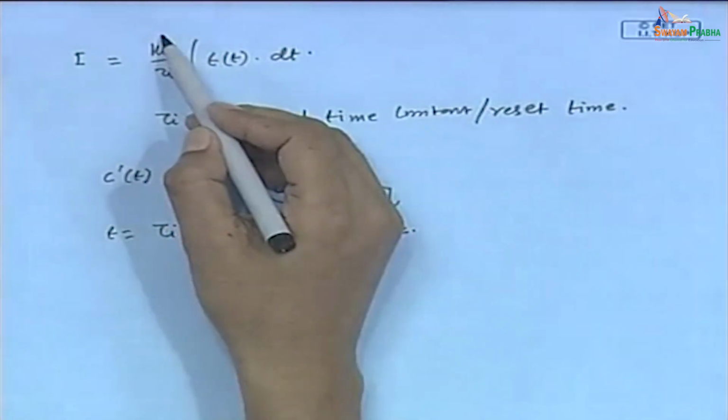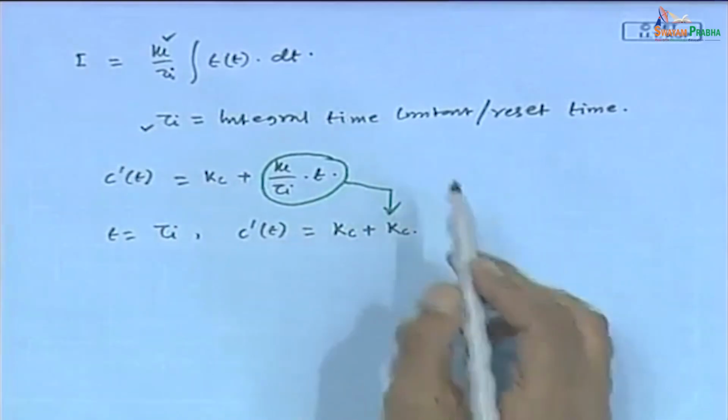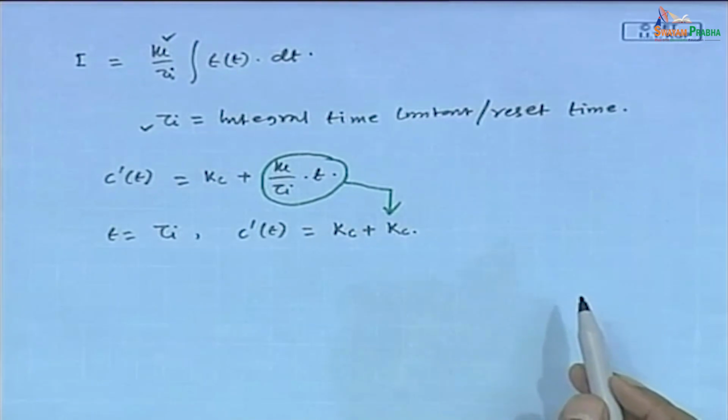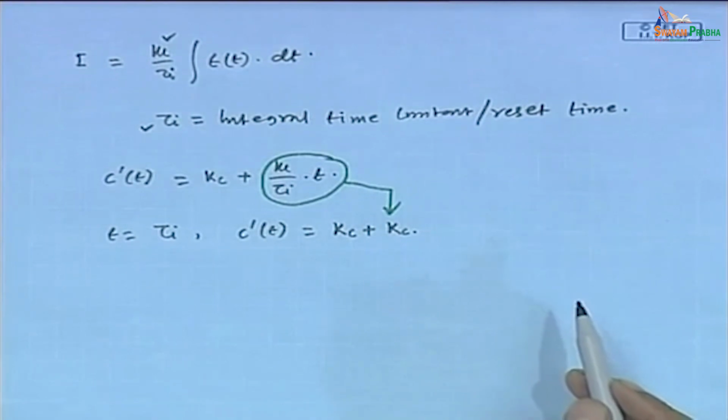Now, the tuning parameter Kc is present also for the P only controller. The additional term tau I is present with this PI controller. That tau I is called integral time constant or reset time. The unit of this integral time constant is time. Fine.